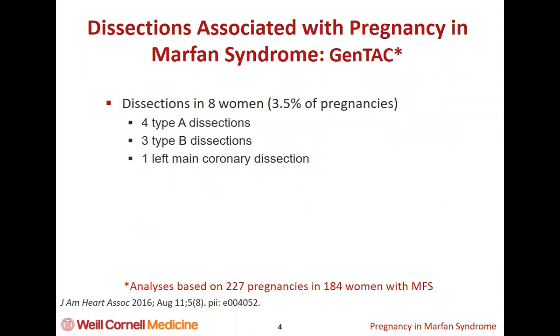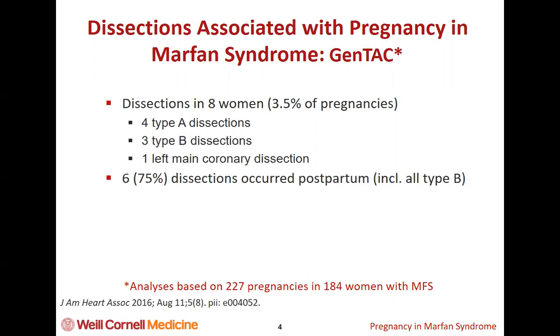Dissections occurred in 8 women, or 3.5% of pregnancies, including 4 type A dissections, 3 type B dissections, and 1 left main dissection. 6 of these dissections, or 75%, occurred in the postpartum period, which we define as the first 3 months following delivery, including all 3 of the type B dissections.